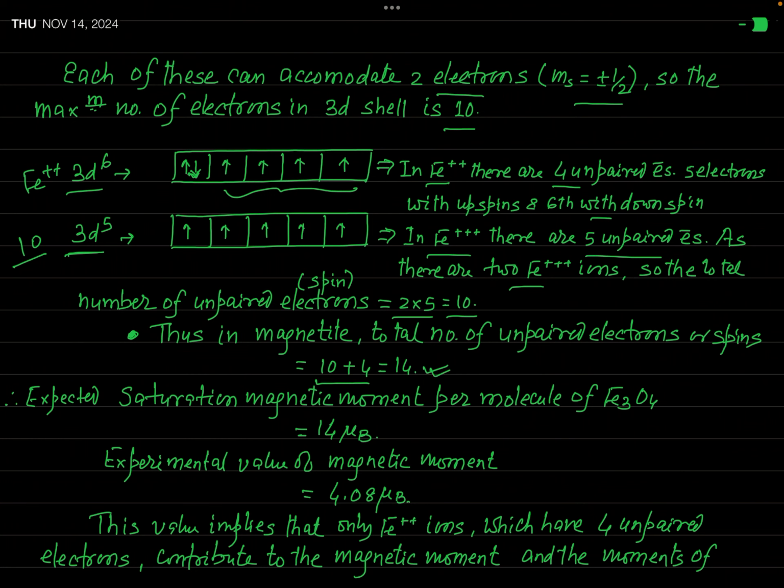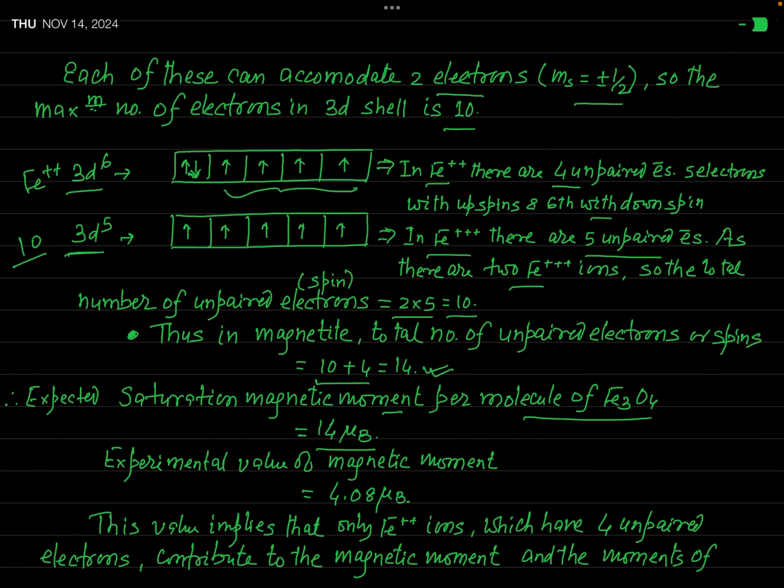Since there are 14 unpaired spins, the expected saturation magnetic moment per molecule of Fe3O4 should be 14 mu b, where mu b is the Bohr magneton. This is the expected value. We guess it on the basis of the number of unpaired spins.